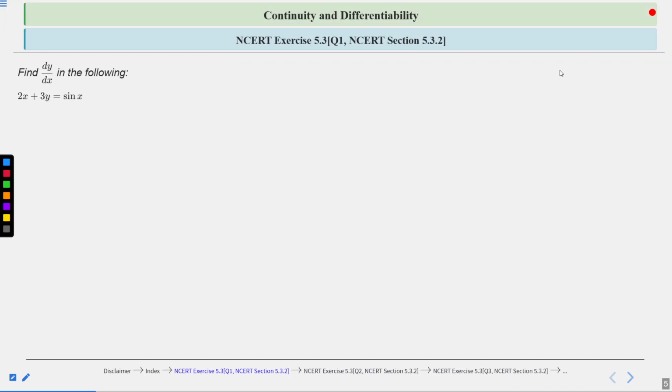We have to find dy by dx, where it is given that 2x plus 3y is equal to sine x, right? Let us see the solution part.